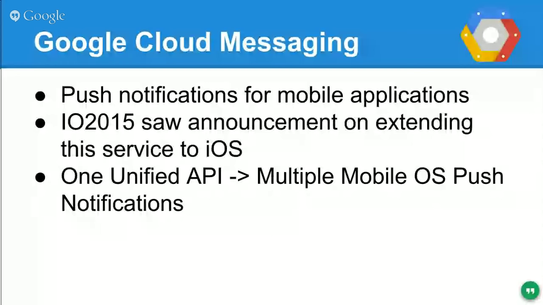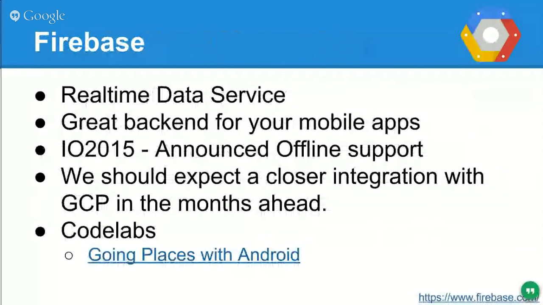Then you've got Firebase. Maybe some of this was touched upon in the previous session, of course, the Firebase real-time data service. If you're using mobile apps and you want a backend, it could be a great choice, especially in the Google infrastructure. At I/O 15, they announced offline support for Firebase.